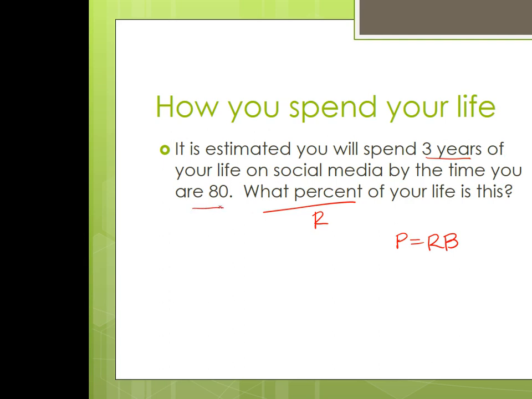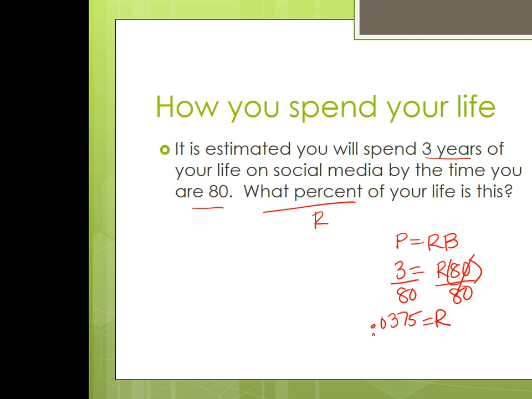So notice, some people might get this confused and see the of and think the 3 is the of, but the 3 is the portion of the 80. So 3 is the portion out of 80 years. And then I'll just divide by 80 to solve for the R. And 3 divided by 80 is 0.0375.